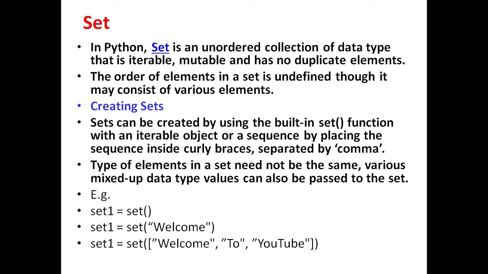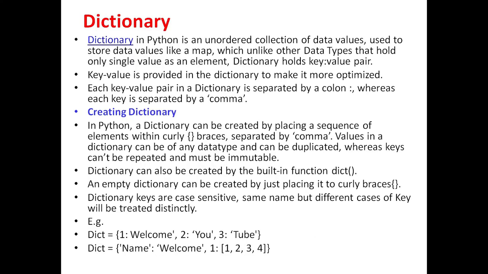Type of elements in a set need not be the same. Various mixed data type values can be passed to the set. For example, set1 equal to set of "welcome", or set1 equal to "welcome to YouTube".